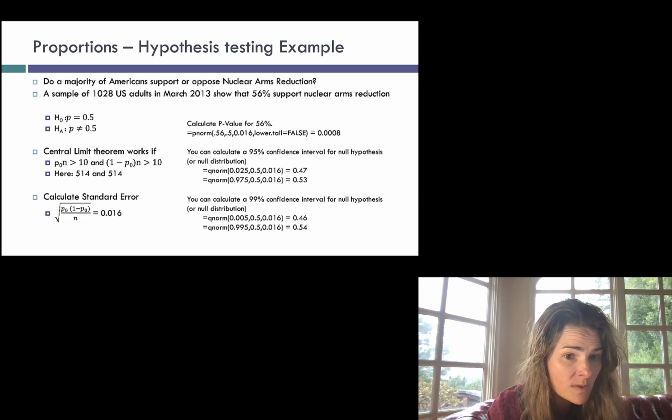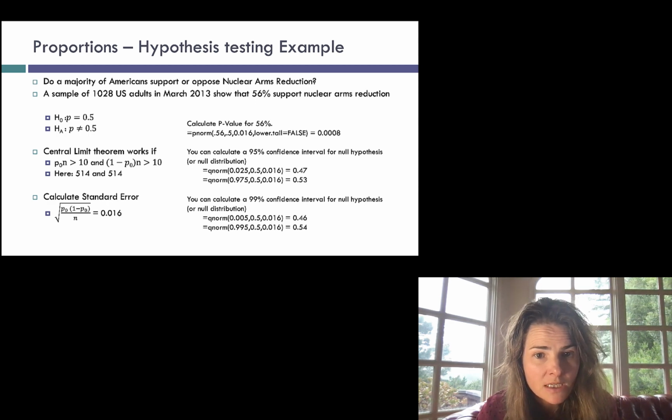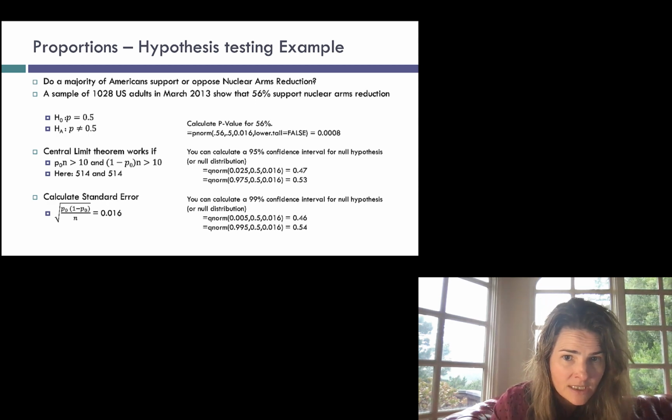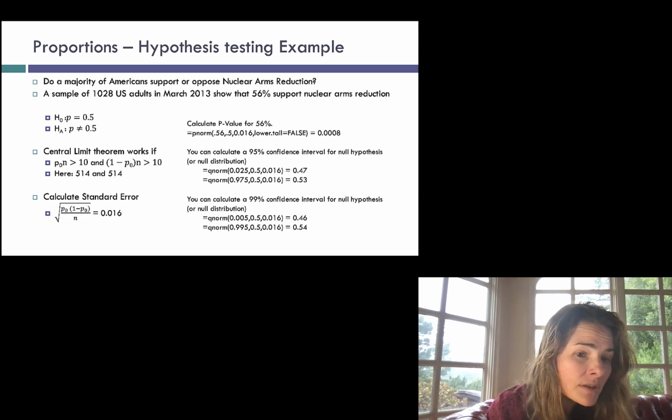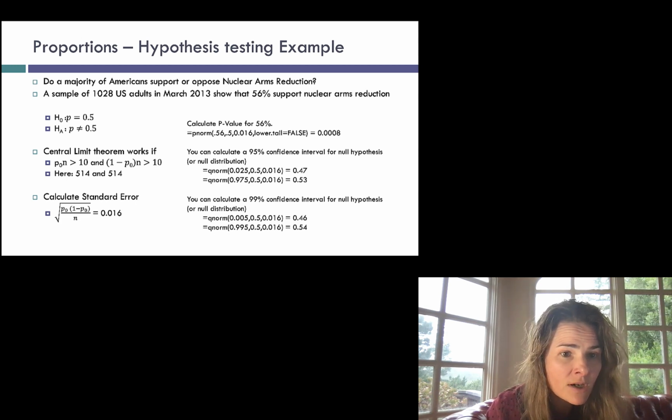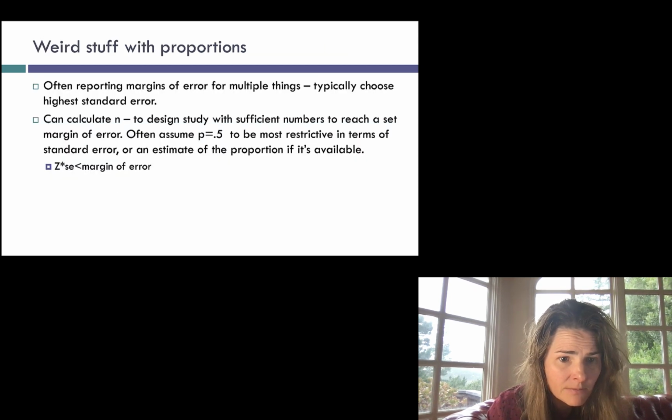The central limit theorem is going to work because there would be enough people on both sides of this proposed hypothesis, 514 and 514. We calculate the standard error based on the proposed hypothesis and build our confidence interval around our proposed hypothesis from our sample size, which is a little weird. Admittedly, we're using this 50-50.